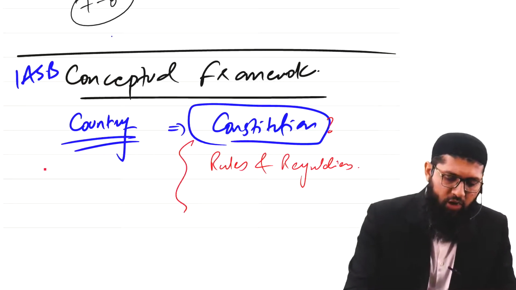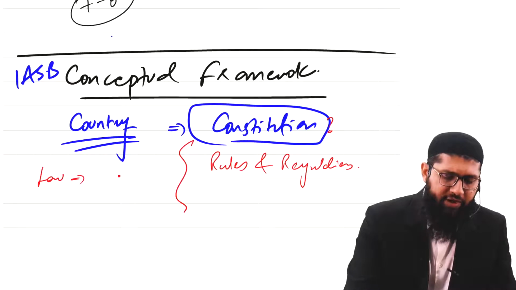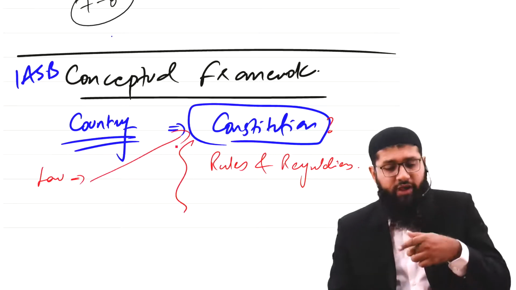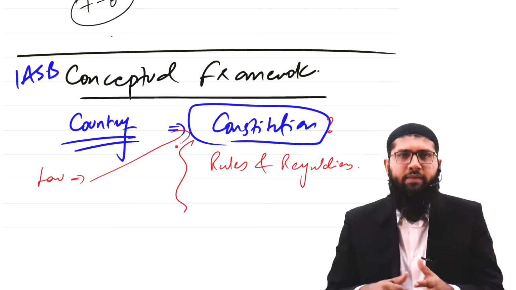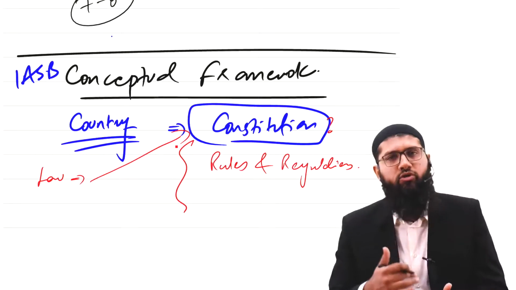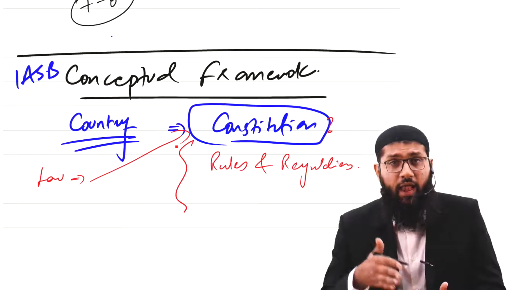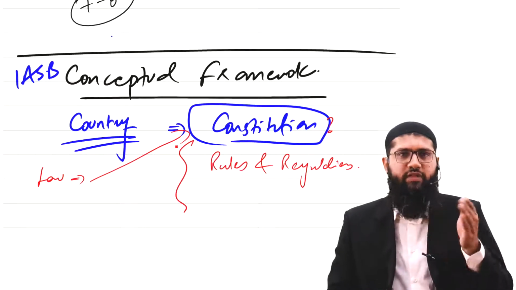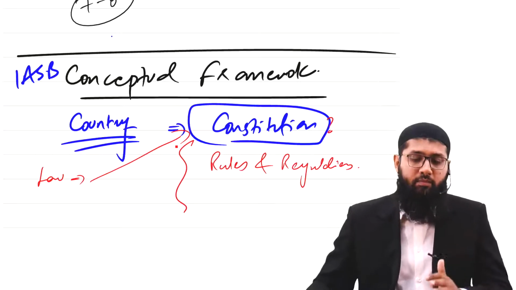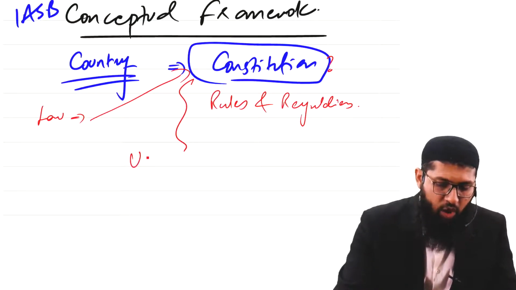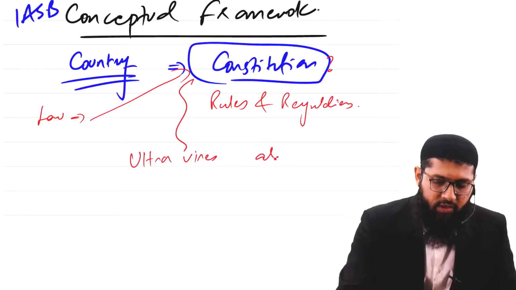So whenever we draw up any law in a country, you have to make sure that the law is in line with the constitution. I repeat, whenever any law is being made in a country, you got to make sure that that law is actually in line with the constitution. If there is a law which is not made keeping in mind the constitution, that law is termed as ultra vires ab initio.